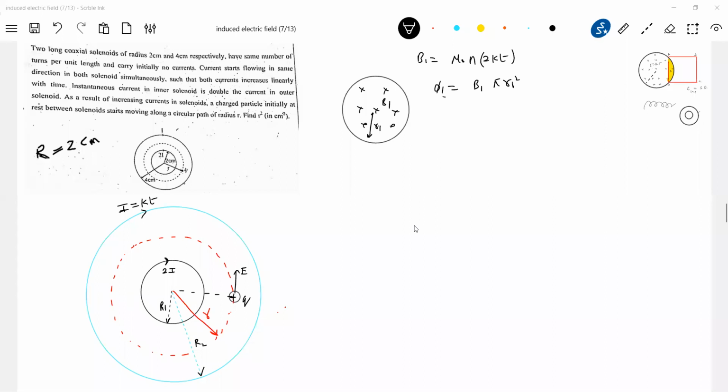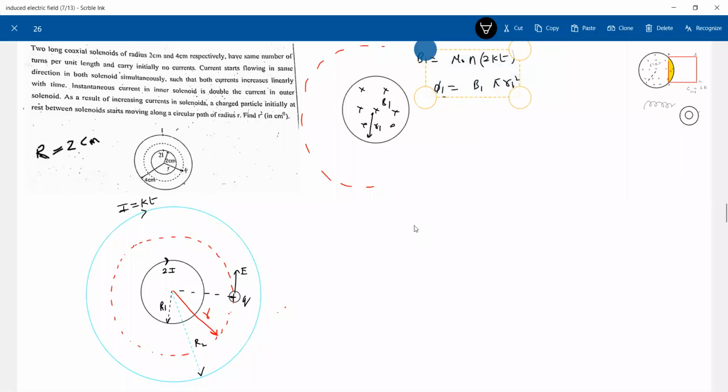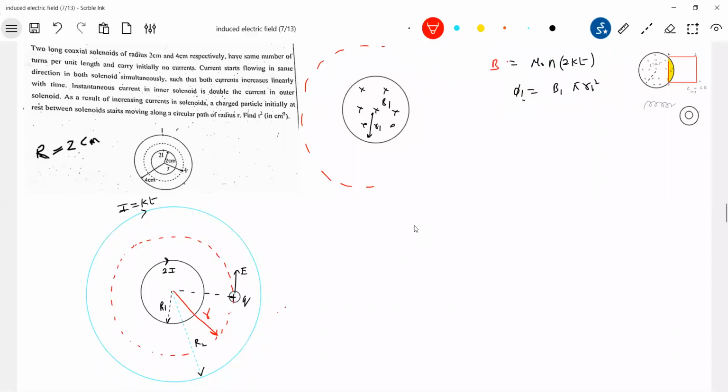Because where is r? r is here. So there's the point P, I'll write it. So B1 into effective area pi R1 square you're going to write.